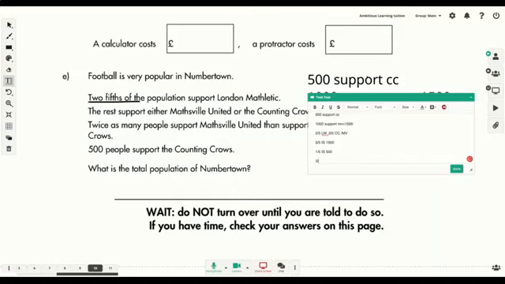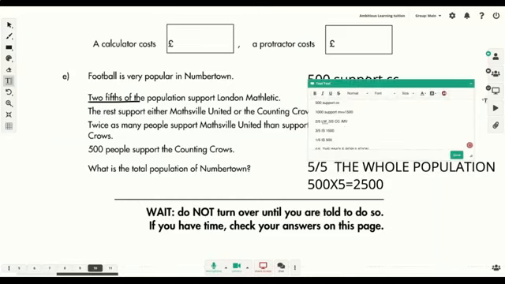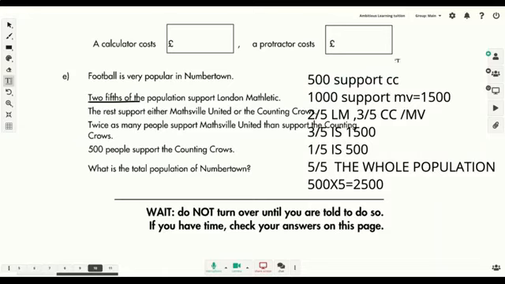So basically, 5/5, 5 divided by 5, is the whole population. So you just need to multiply 500 by 5. That gives you 2,500. I hope you understood this.